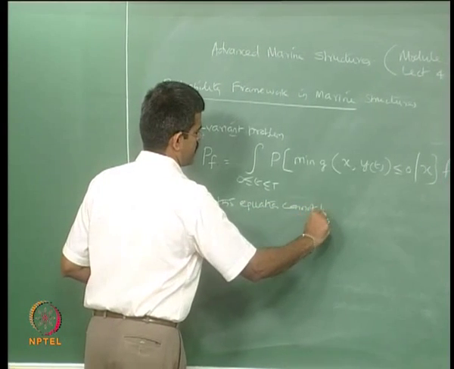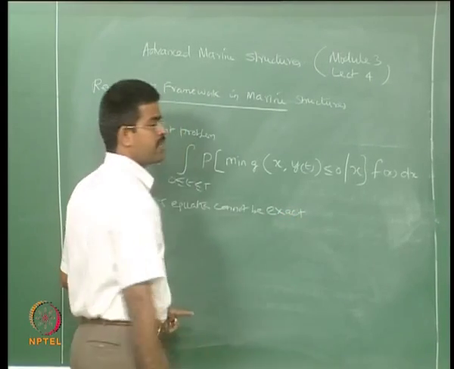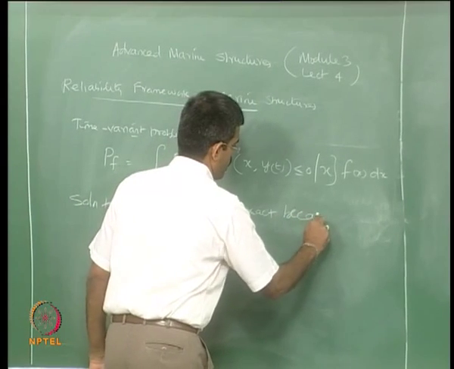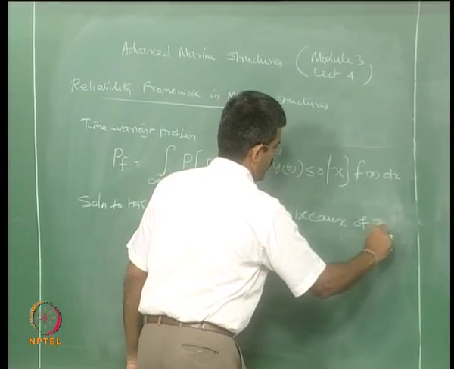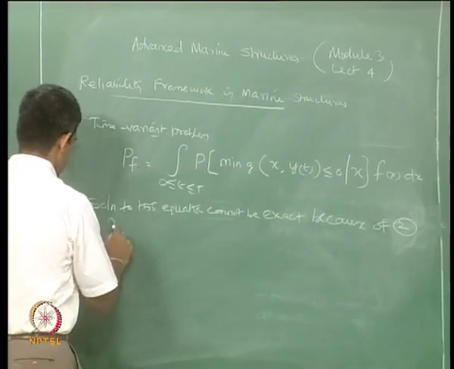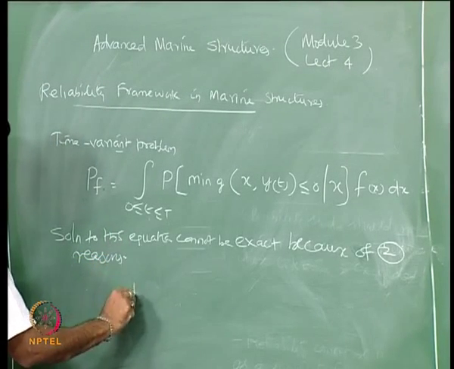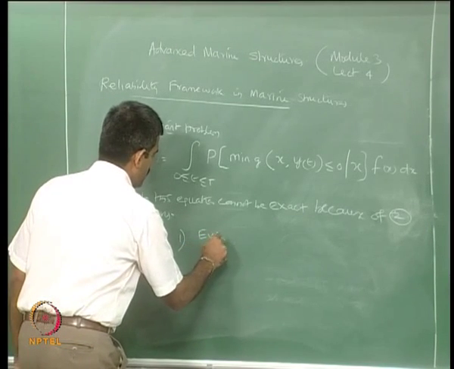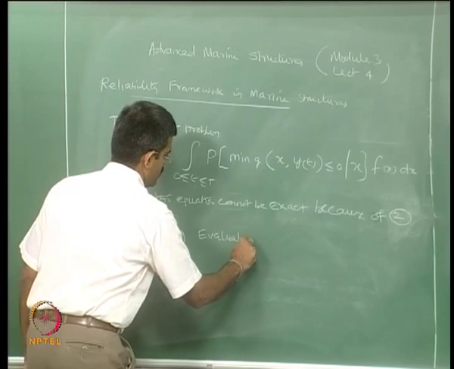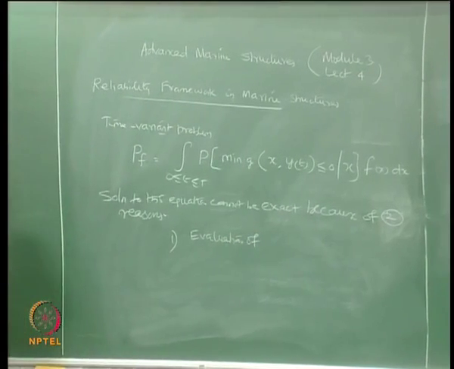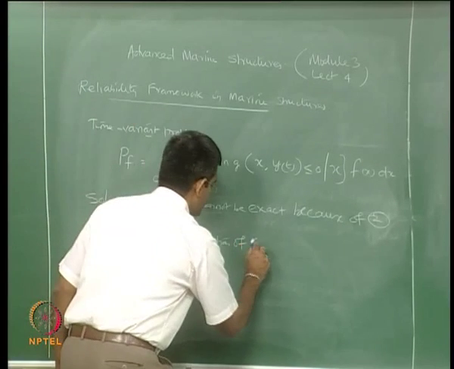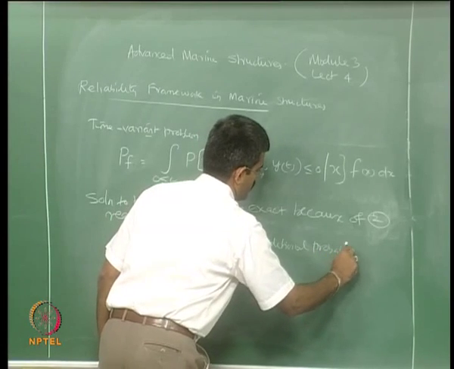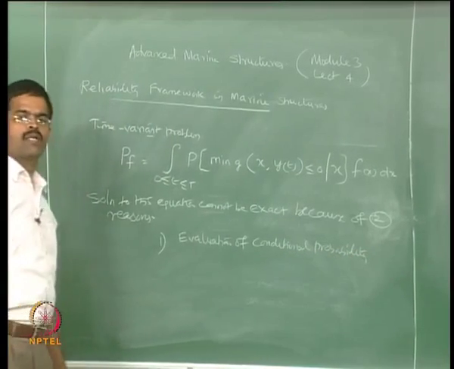So, the solution to this equation cannot be exact. You cannot find an exact solution for this equation because of two reasons. The foremost reason is that evaluation of the conditional probability itself is a complex task.